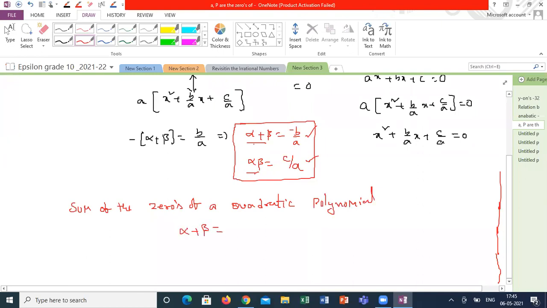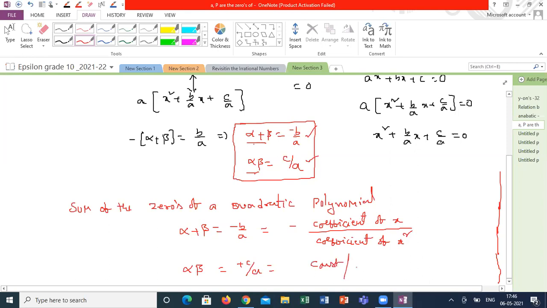Alpha plus beta is equal to minus b by a, that is minus coefficient of x divided by coefficient of x square. Product of the zeros will be equal to plus c by a, that will be equal to constant term divided by coefficient of x square. Is it clear, guys?